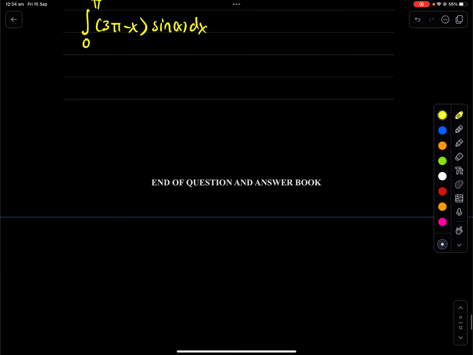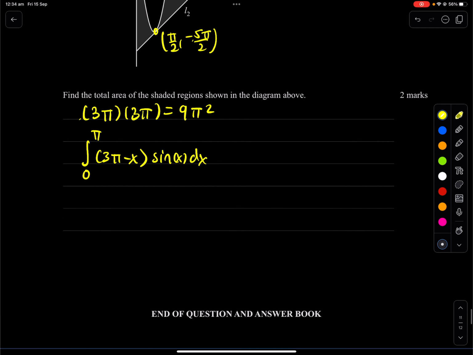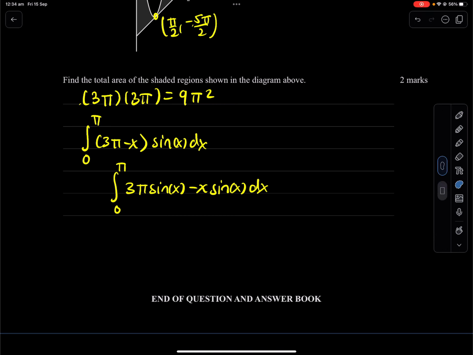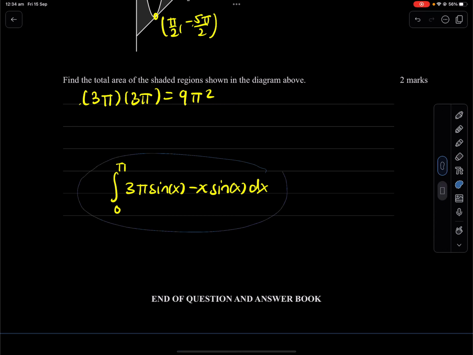Okay, I feel like this is going to be a lot of working out, but let's expand this. If we expand this, it's the integral from 0 to pi of 3 pi sine x minus x sine x dx. And I can rub this off and just rewrite it like this.